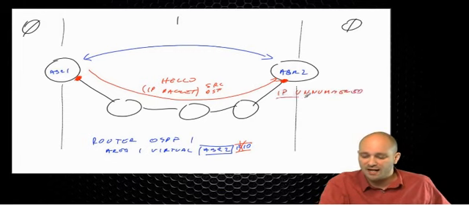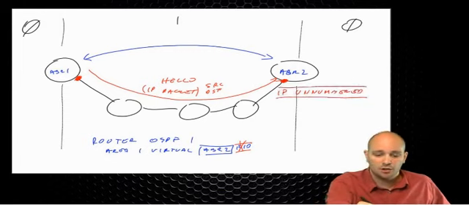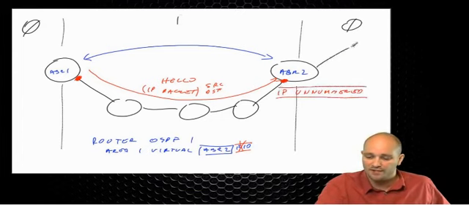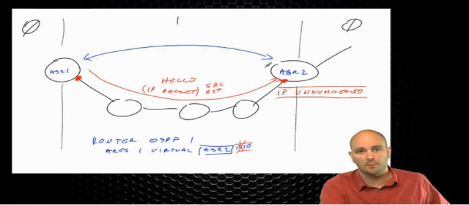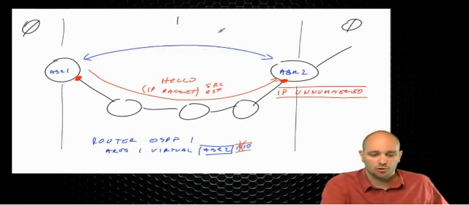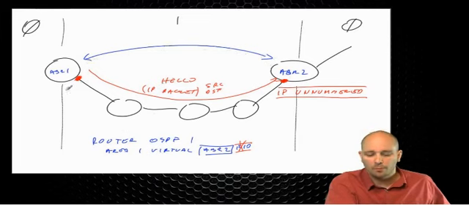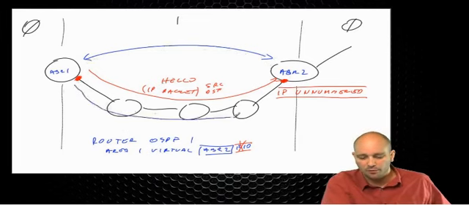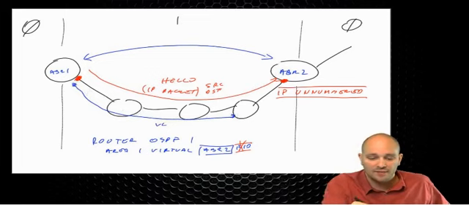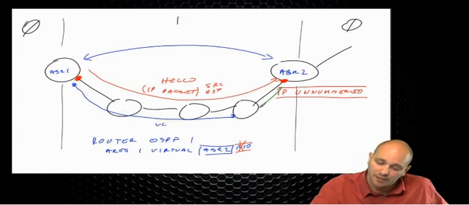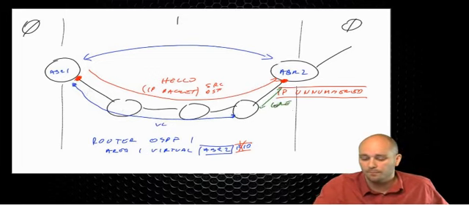Now, if this was an IP unnumbered link that borrowed the IP address from another area, your virtual link here will never come up. In that case, you will probably need to build a GRE tunnel up to here, or maybe a virtual link up to here, and then you would probably need to build a GRE tunnel here.